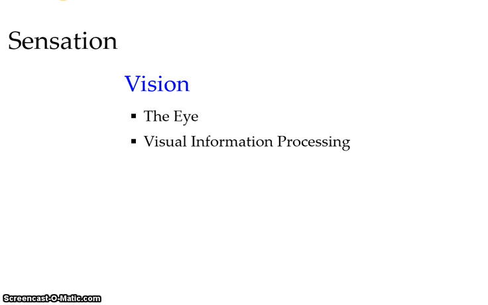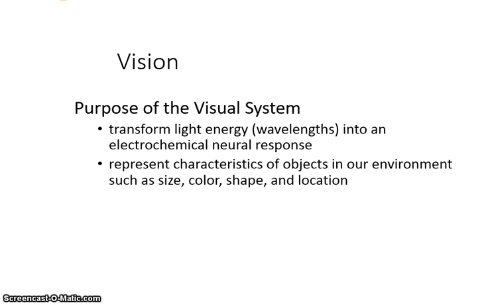So with that, let's look at vision. We're going to look at the anatomy of the eye, as well as how vision is processed. What is the purpose of the visual system?